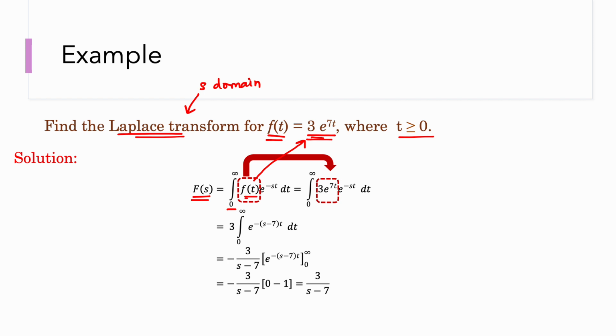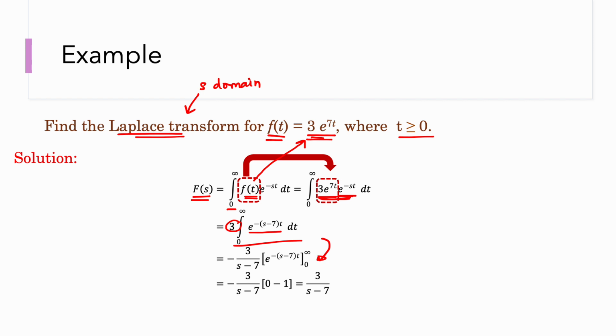We substitute this f(t) with this equation, so it becomes 3e^(7t) multiplied with e^(-st) from the formula. We can simplify this equation since the 3 here is a constant, so we can bring the 3 in front, and then e^(-(s-7)t) dt. Integrating this, we will get this equation.